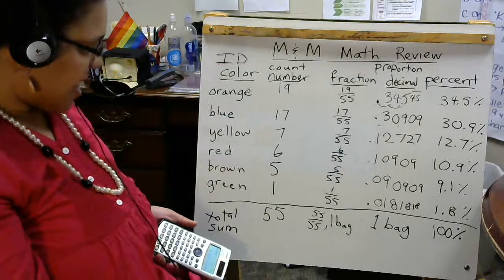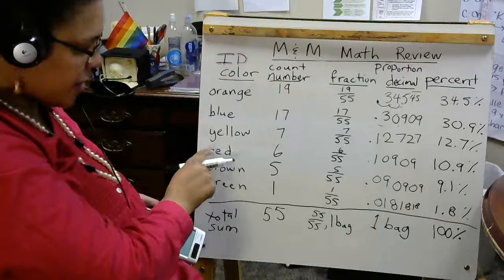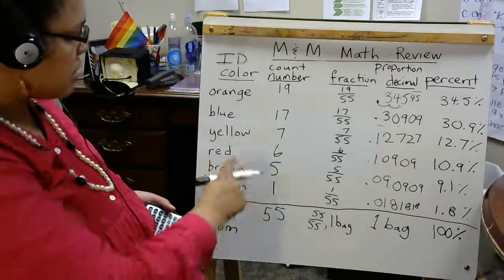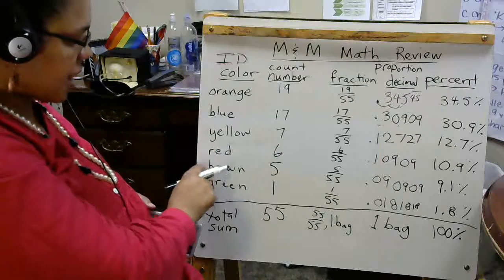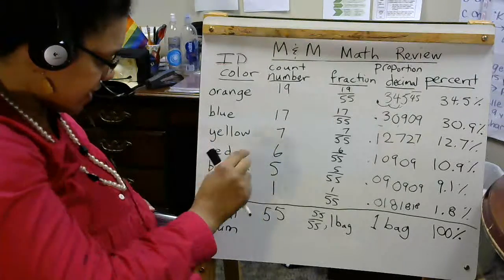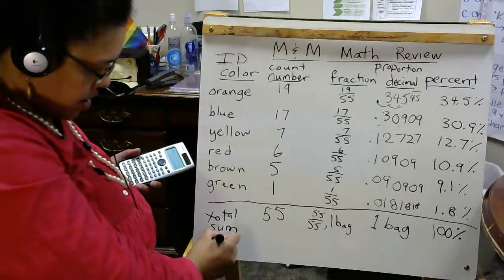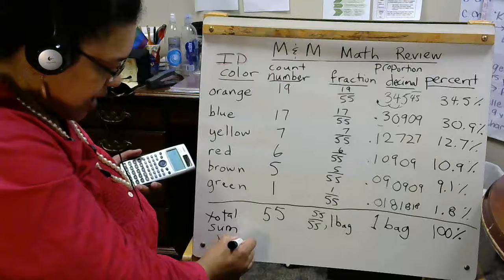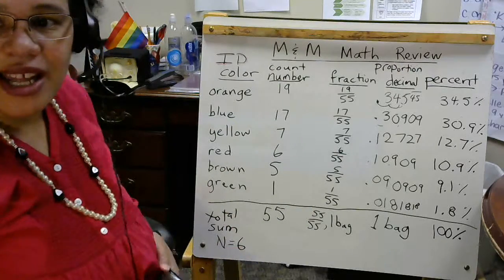And then the number of colors, okay, the number of different colors that we're analyzing are 1, 2, 3, 4, 5, 6. I would say that in this data set, N equals 6.